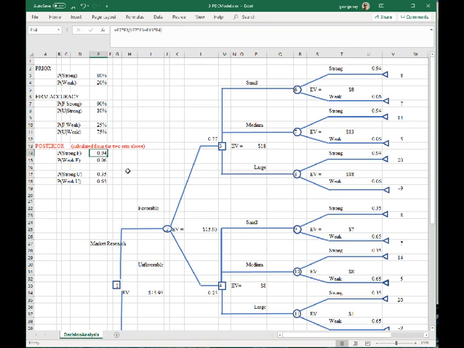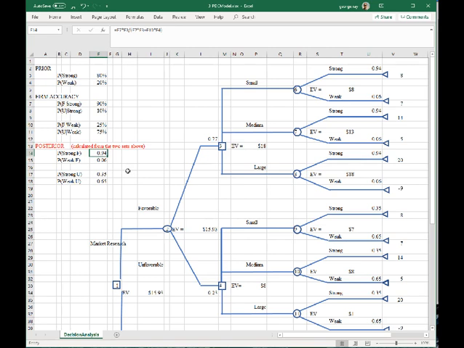Here's where we do the Bayes calculation. That's going to be for the probability of strong demand, given that we get a favorable report.